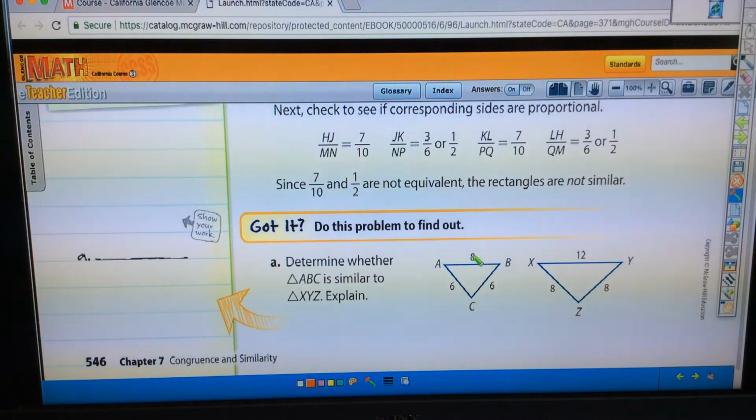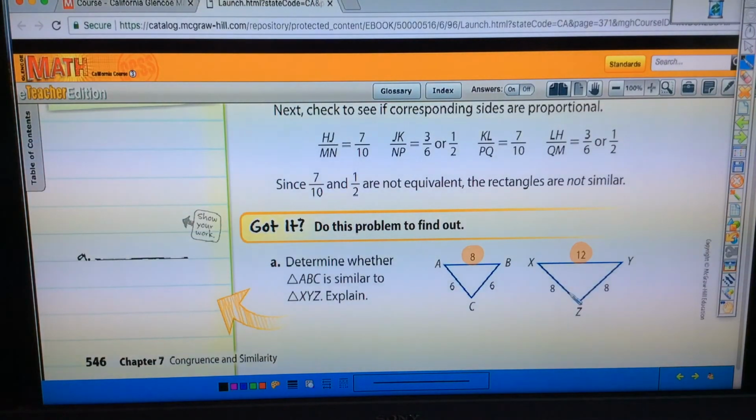Okay, so let's see here. You want to figure out, what does 8 correspond with? Is that going to correspond with 8 or is it going to correspond with 12? Well, it's going to correspond with the longest side, which is 12. So let's go ahead and write a ratio. And recall that you're going to put the dilated over the original.